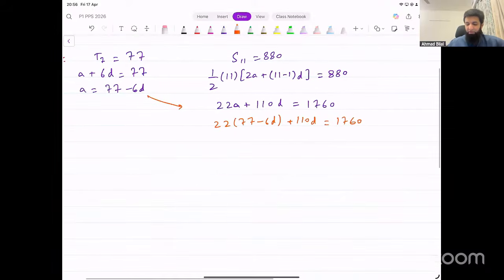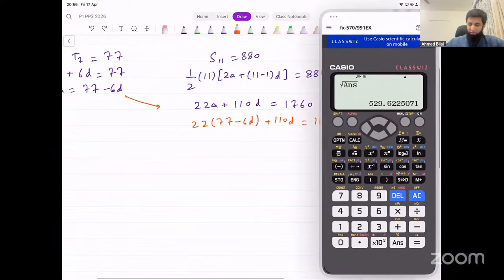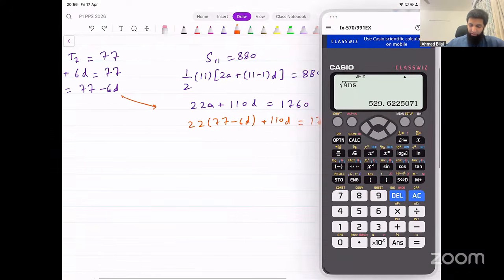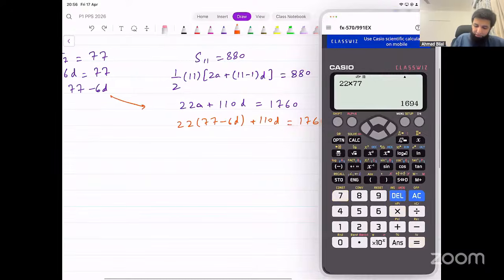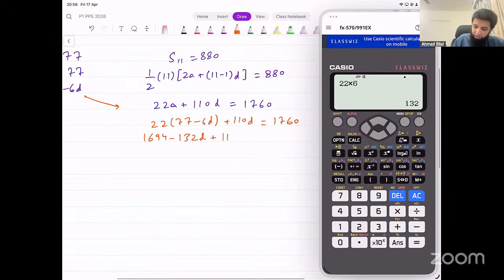We can actually simplify this equation a bit earlier, but now that I've not done that, let's just carry on with this. 22 into 77, that's 1694, minus 22 times 6, 132 times d, plus 110 times d, that equals 1760.